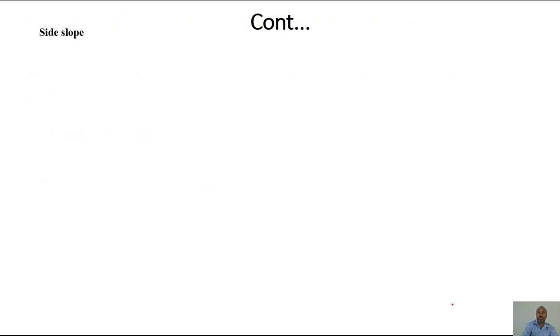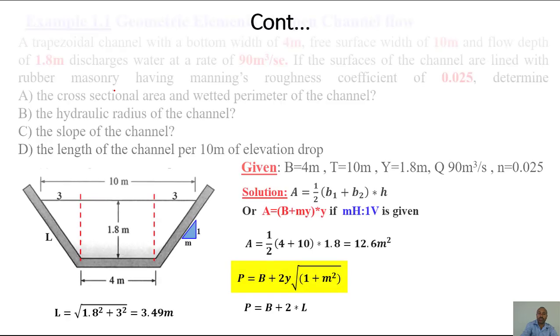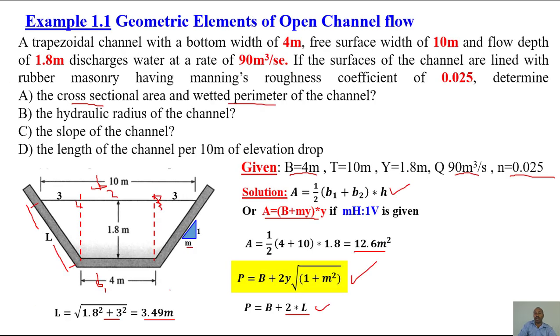Let us see side slope. Side slope is nothing but vertical drop divided by horizontal distance. So since you have vertical drop 1 into M from the above picture, you have 1 to M, slope 1 to M, which is M horizontal, 1 vertical.